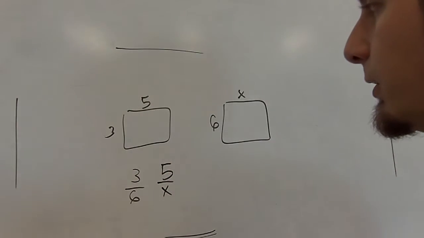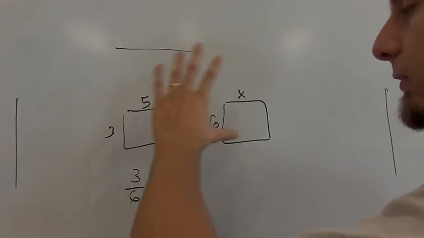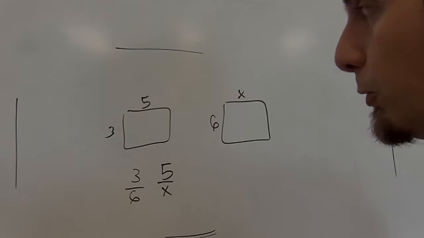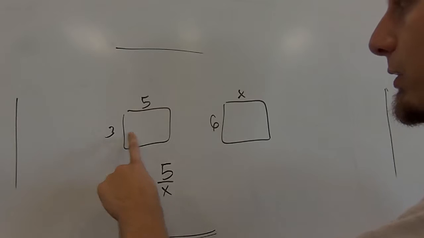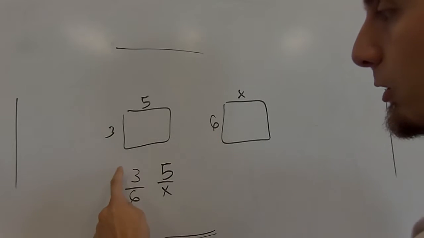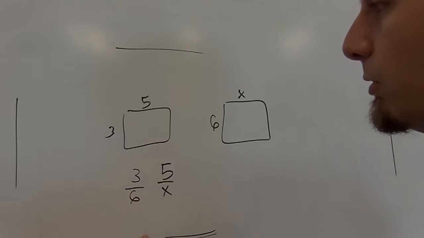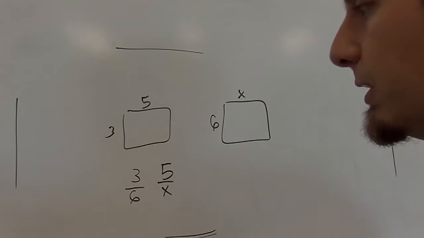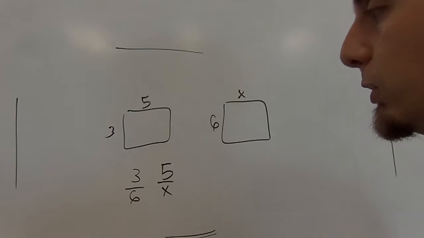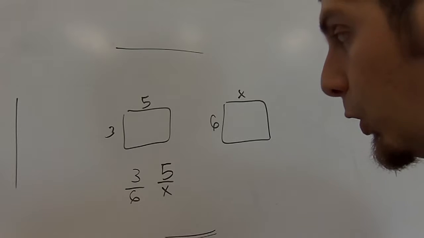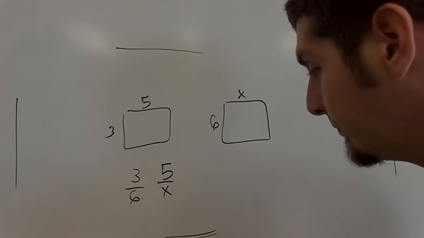And if you recall correctly, we don't need to have the measurement of every single side, just as long as you have at least 2 measurements, and you have to have one completed corresponding pair. So the 3 and the 6 don't have a variable, so we have a completed fraction, so we now know the ratio between the two sides is a 3 to 6 ratio, or if you reduce it, a 1/2 ratio, or 1 to 2.